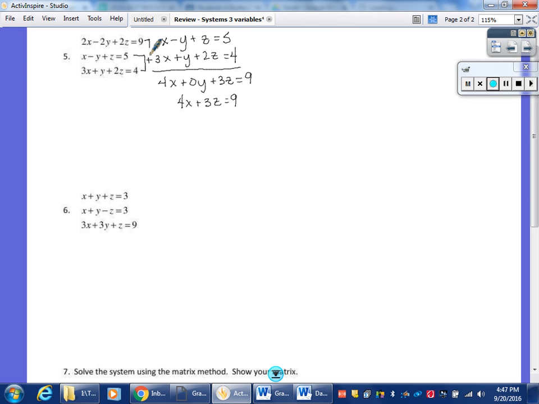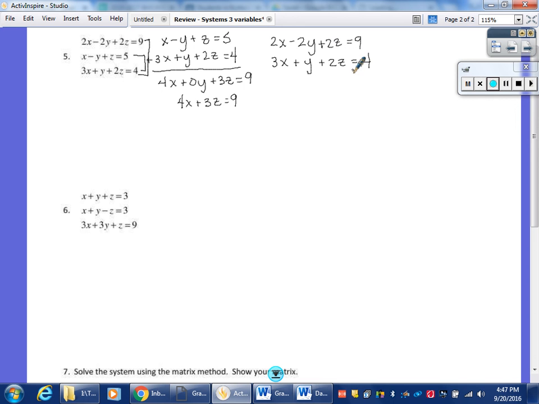I need to pick a second set of equations to eliminate one of the variables, so I'm going to choose the top equation and the bottom equation. And so that's 2x minus 2y plus 2z is equal to 9, and then 3x plus y plus 2z is equal to 4.